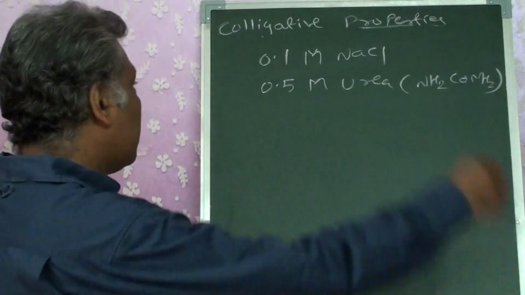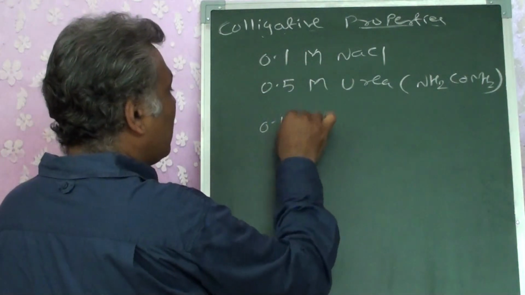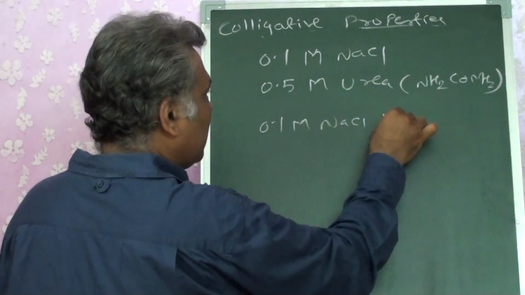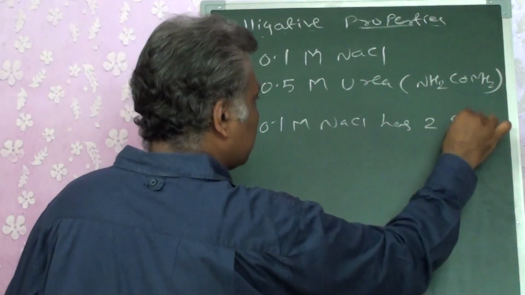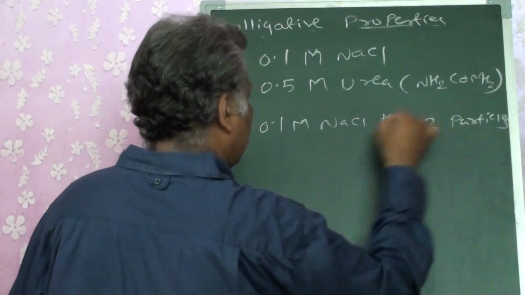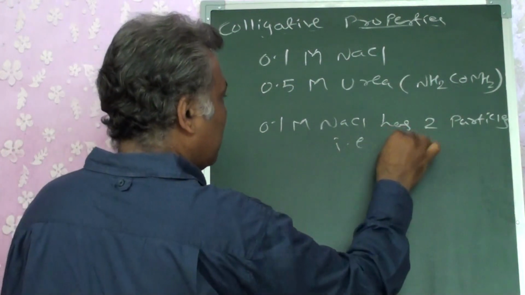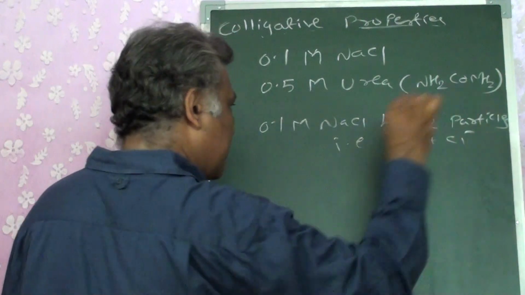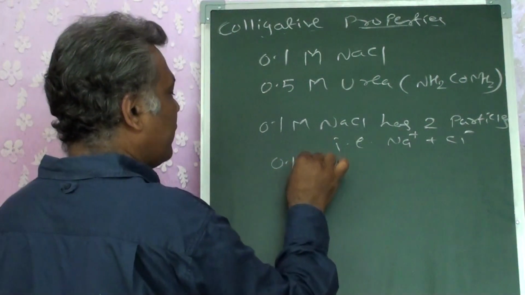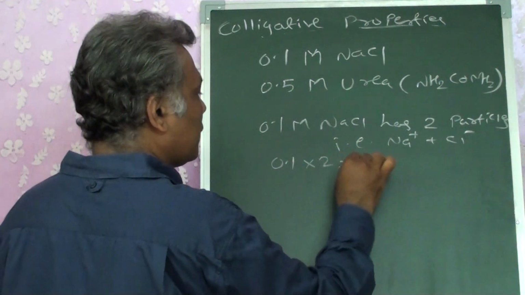In this case, 0.1 molar NaCl has two particles, Na+ and Cl-, so the concentration will be 0.1 into 2, that is 0.2.